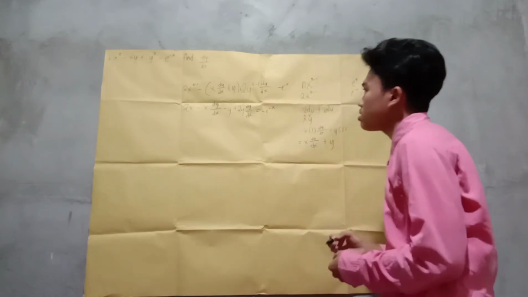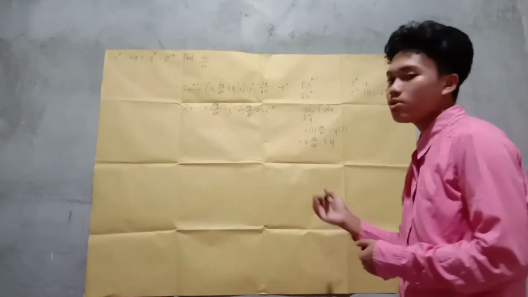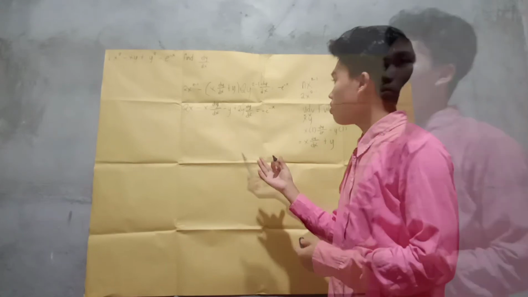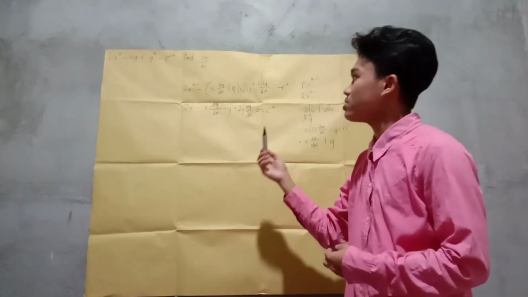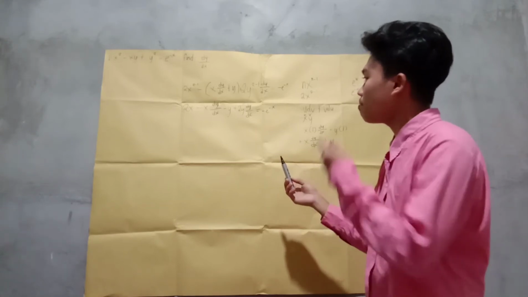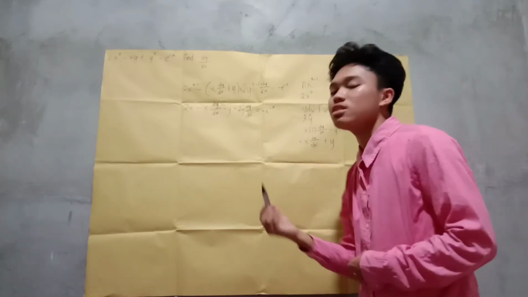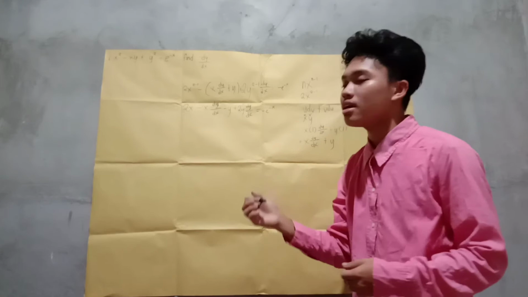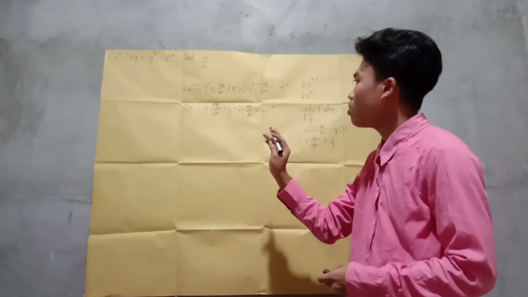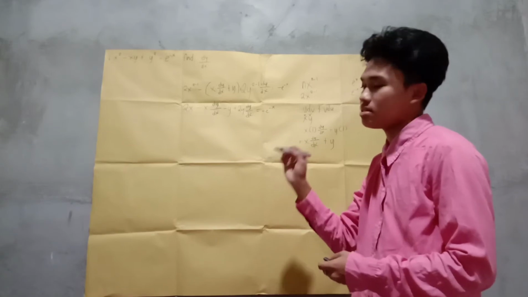So what are we going to do next? We are solving the implicit differentiation, so we need to transpose to the left side the terms that have dy over dx and transpose to the right side the terms that have no dy over dx.